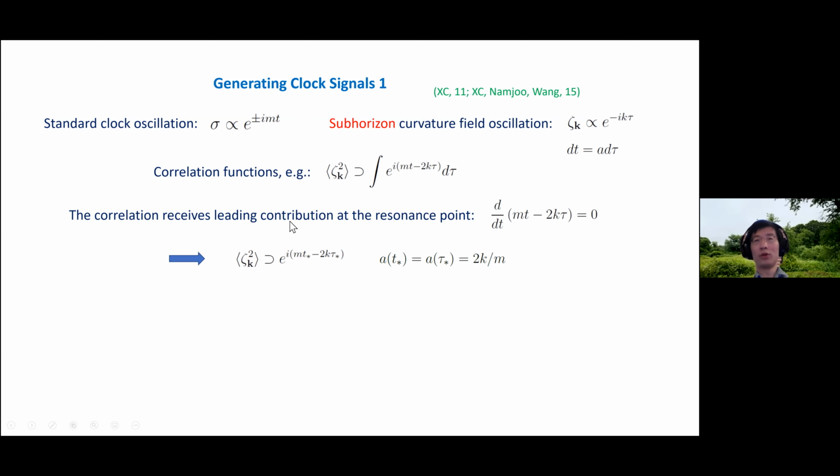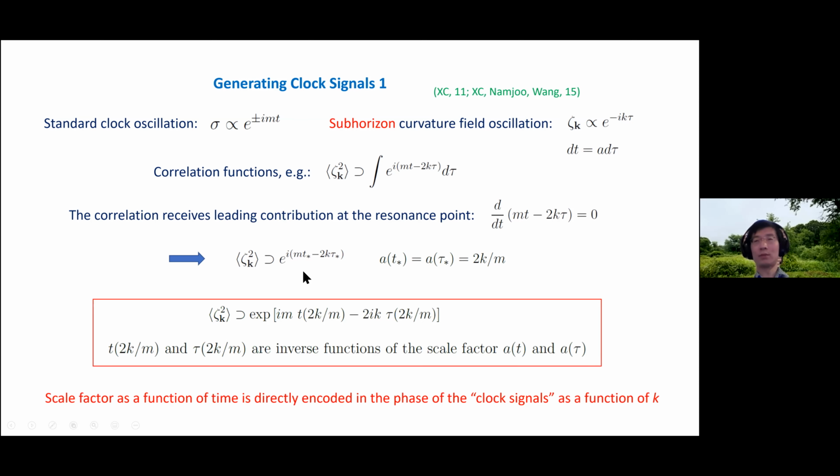a main contribution to the correlation functions given by t star and tau star, which are evaluated at the resonance point. So if you express this expression as a function of k, you immediately see that the phase has a k dependence that is the inverse function of a of t and a of tau, which we denote as the t function and the tau function.